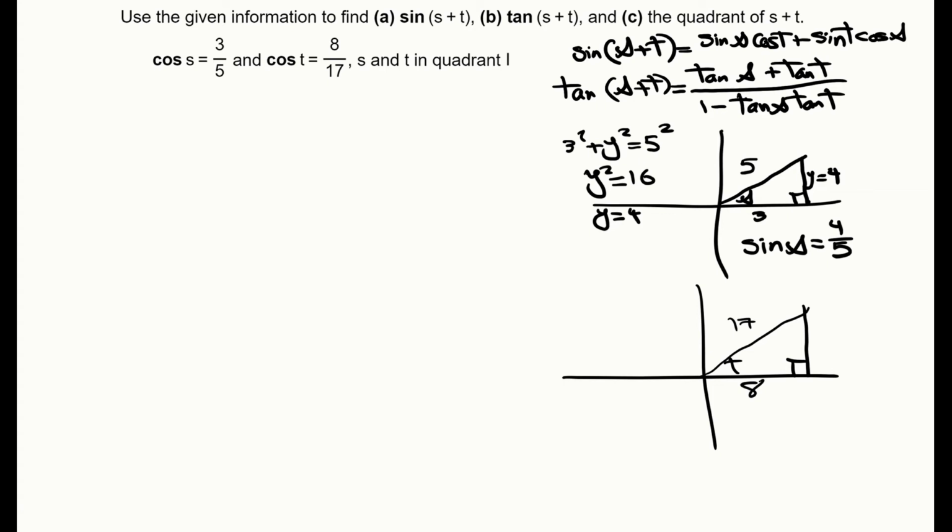But again, if you don't, you can always call that y and just go 8 squared plus y squared equals 17 squared. So 64 plus y squared equals 289. Let me double check that.